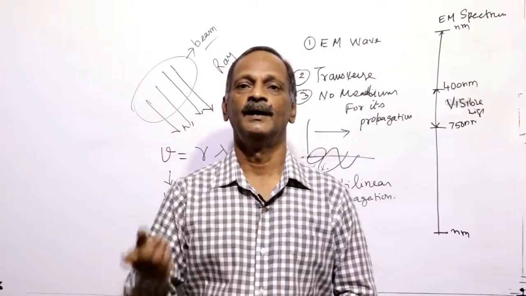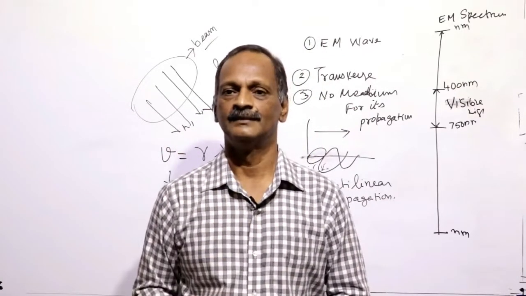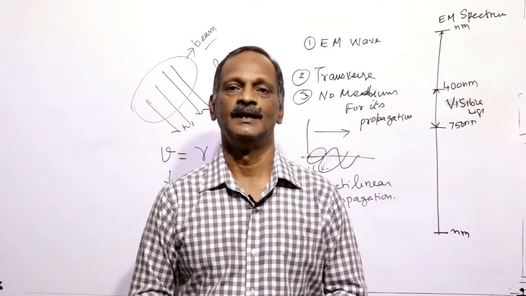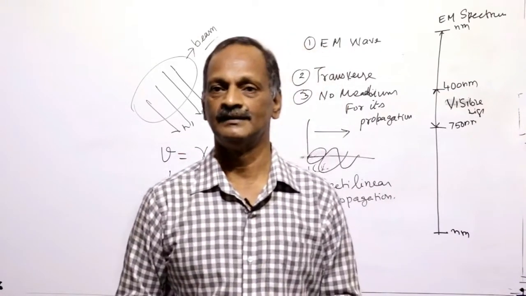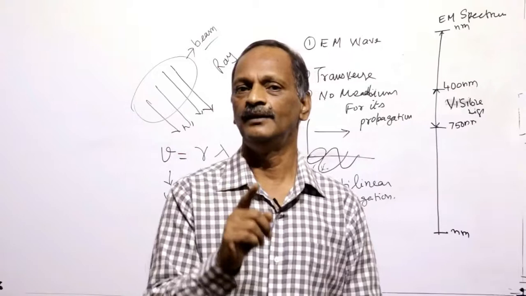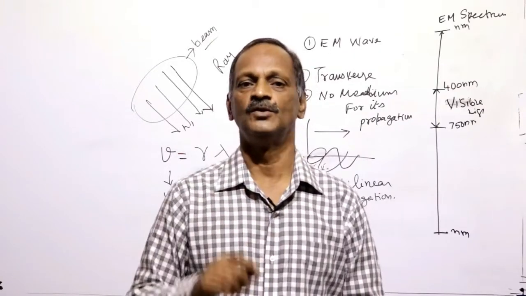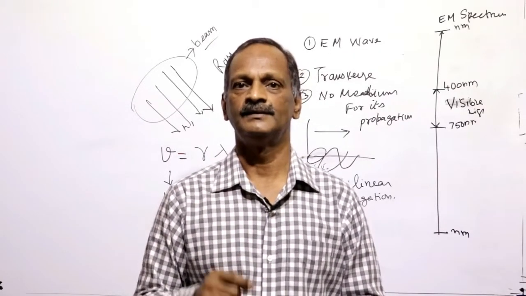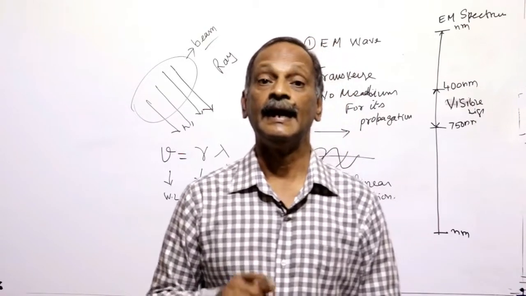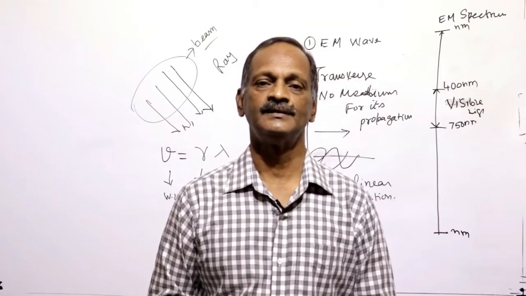So with every medium, its quality changes, its velocity changes. Medium to medium, its velocity changes, but only one thing does not change at all, and that is its frequency.